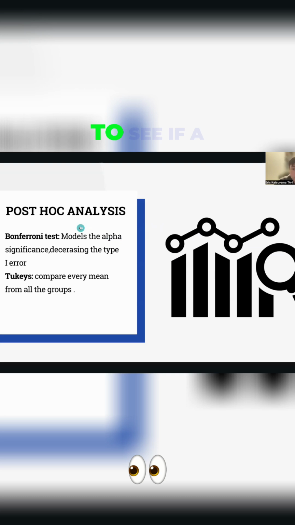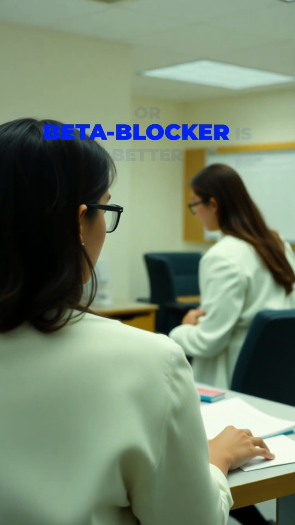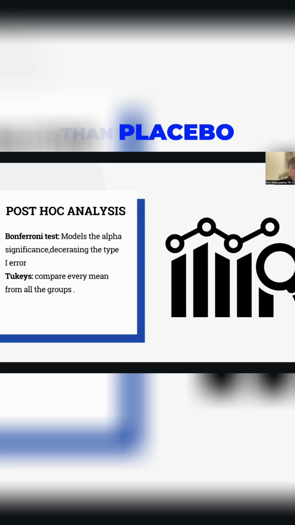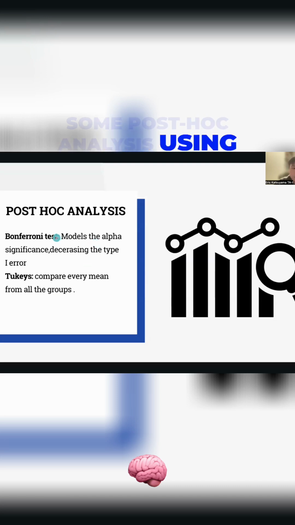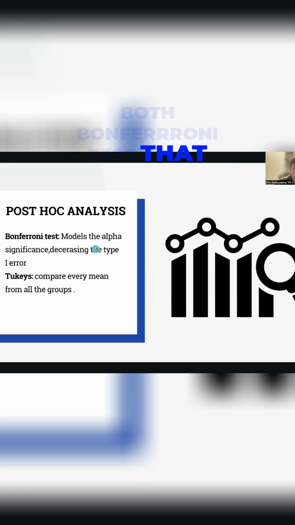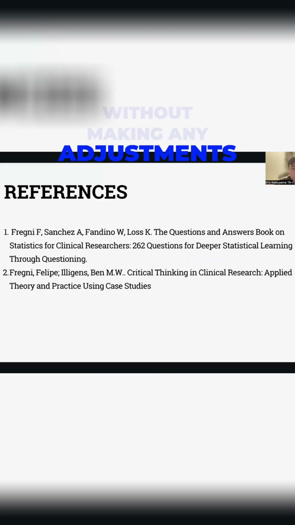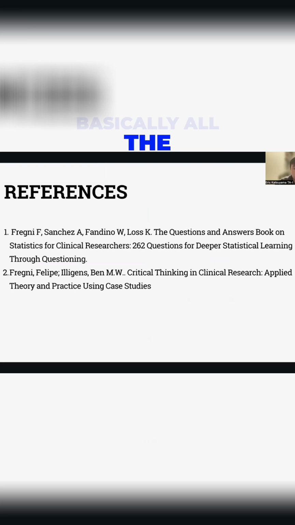But if you want to see if A is better than B, or in my example, SGLT2 is better than beta blocker, or beta blocker is better than placebo, we must do some post-hoc analysis using the Bonferroni test, which is a more conservative test that will decrease the type 1 error. And if not, we can use Tukey's method that compares the means from all the groups without making any adjustments.